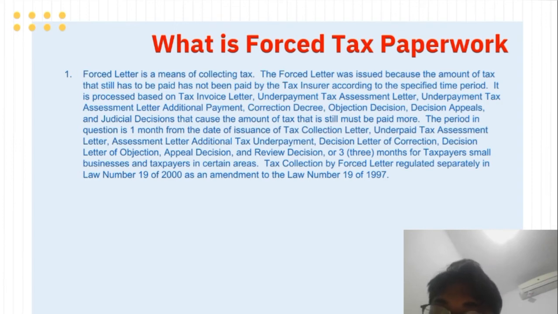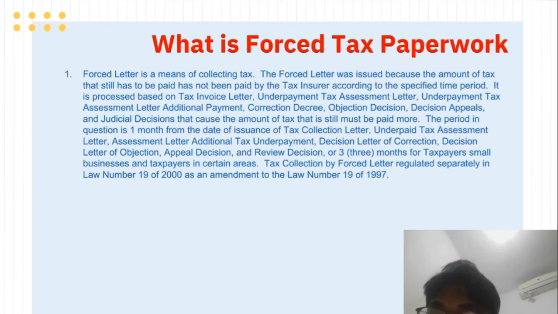The period in question is 1 month from the date of issuance of the tax collection letter, underpaid tax assessment letter, additional tax underpayment assessment letter, decision letter of correction, decision letter of objection, appeal decisions, and review decisions, or 3 months for taxpayers who are small businesses and taxpayers in certain areas. Tax collection by first letter is regulated separately in Law Number 19 of 2000 as an amendment to Law Number 19 of 1997.